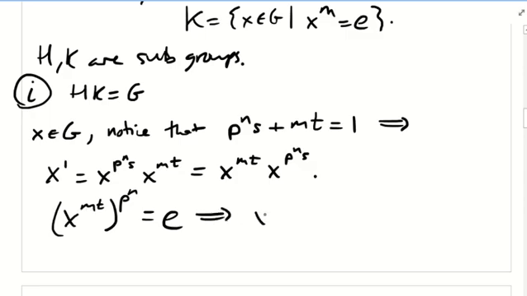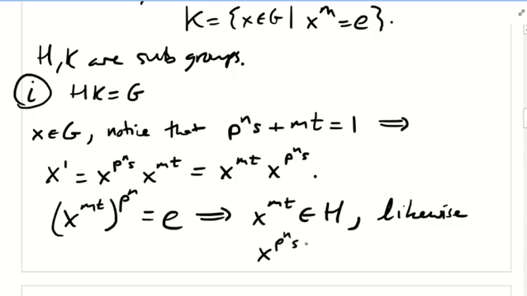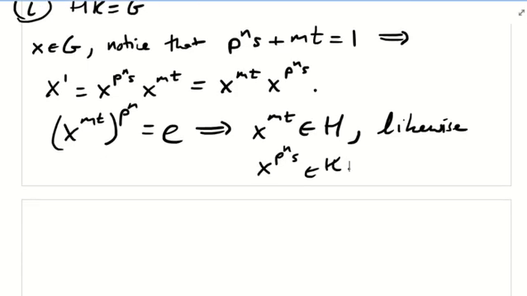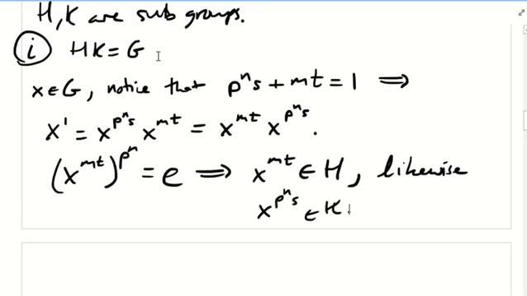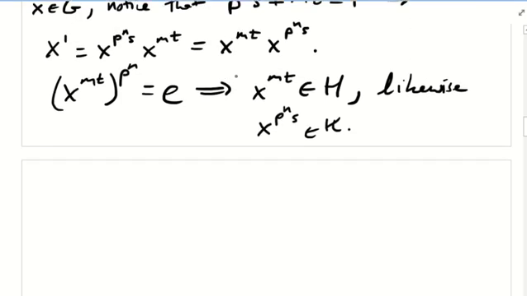So this means that x to the mt must be in H. And likewise, x to the p to the n s is in K. All right, so that did that bit. This is saying that G is a subset of H times K, but certainly H times K is a subset of G. So we know they're equal.